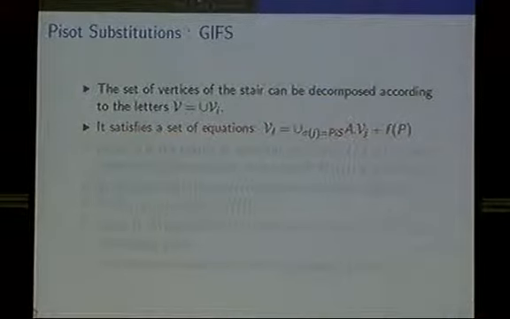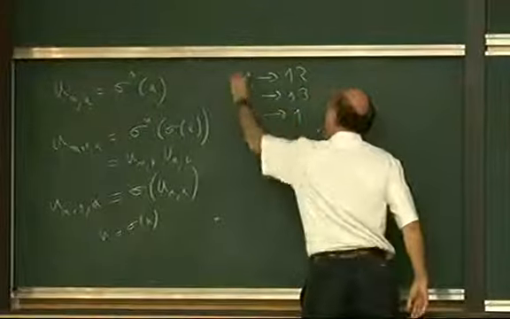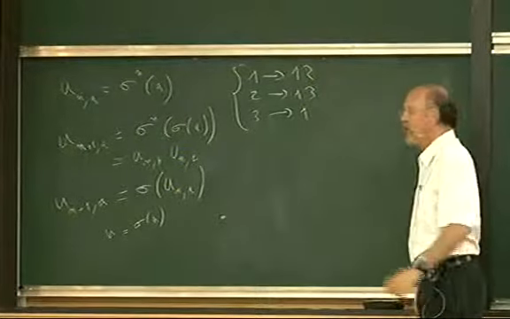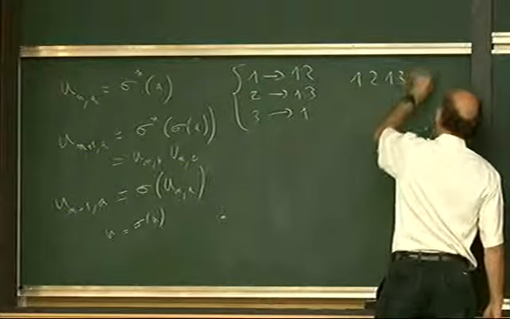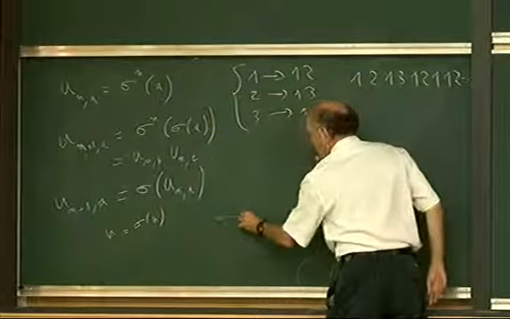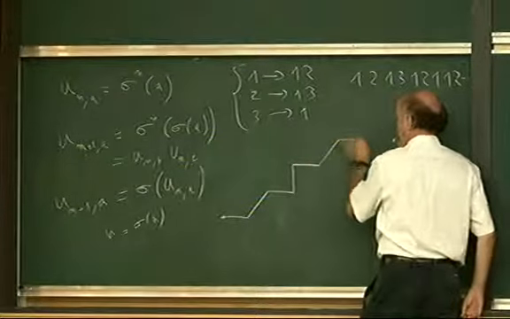Let's do it really for Rauzy. So I take this one. So I take the fixed point. The fixed point starts with 1, 2, 1, 3, 1, 2, 1, 1, 2, and so on. So this is 1, 2, 1, 3, 1, 2, 1.